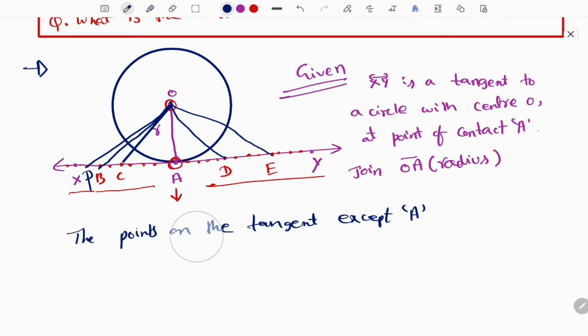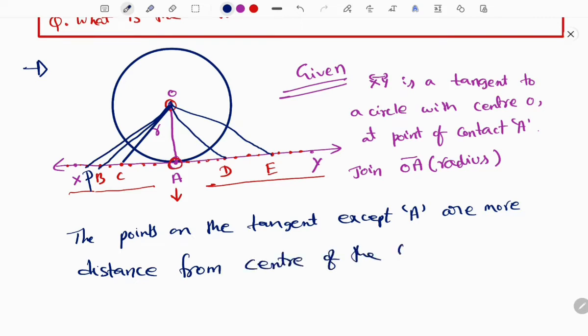As the points on the tangent except A are at more distance from the center of the circle, OA is the shortest distance compared to the remaining. OA is the only shortest distance.